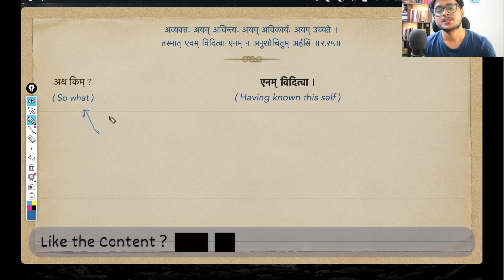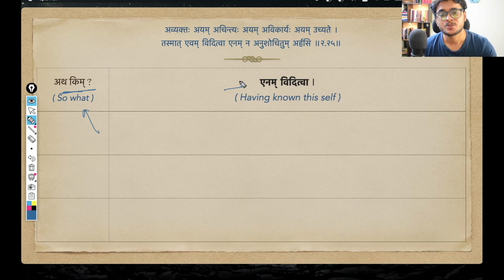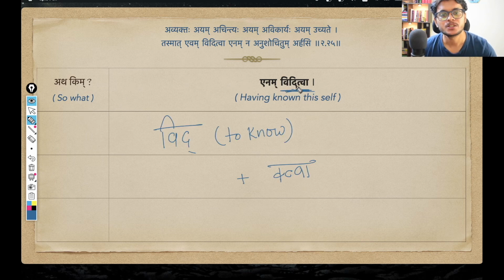And now I am asking a question: Atkim. This is a Sanskrit expression we use when we want to say "so what". We ask this in English too: okay, so what? And the response I get is enam viditva. Let us see this word first, viditva. This is a kridanta.